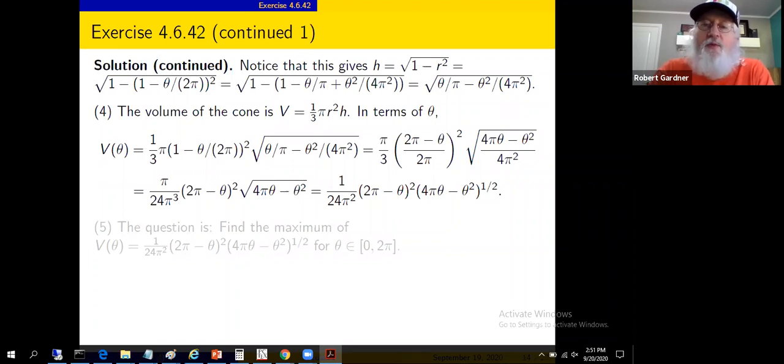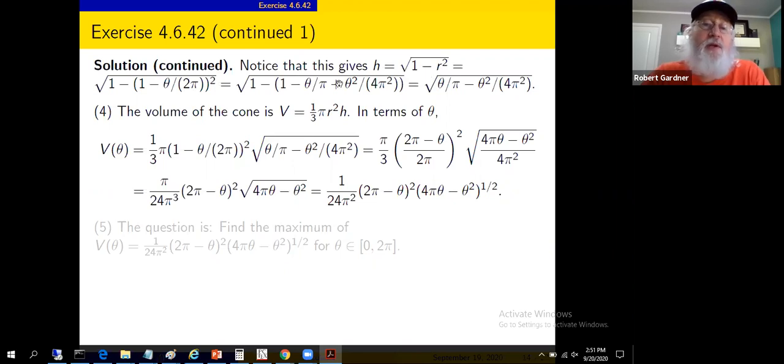Okay, volume of the cone. Step 4, we're looking for the quantity to be maximized in this case, and that's the volume of a cone. The volume of a cone is 1/3 pi r squared h, where the r and the h are the radius and height, respectively, of the cone. And we've got both of those things, r and h, in terms of theta, so we'll just plug them in. So the volume as a function of theta is 1/3 pi r squared. Well, here's r squared right here, right?